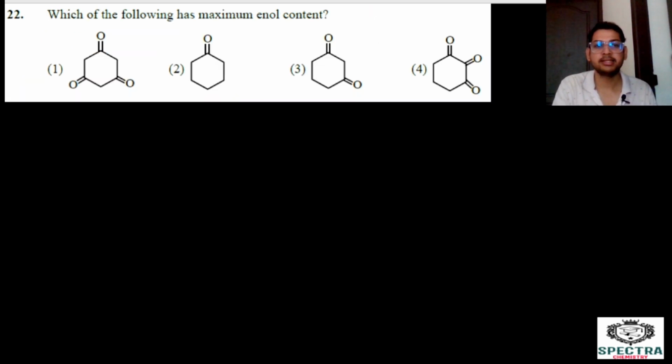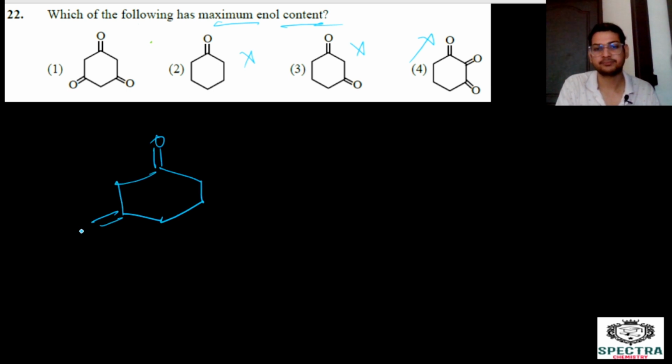Okay, sir. Here this question is actually good. This question is very easy, but the question is good. Maximum enol content. You don't have to look for any other thing, because your first molecule is looking like this.